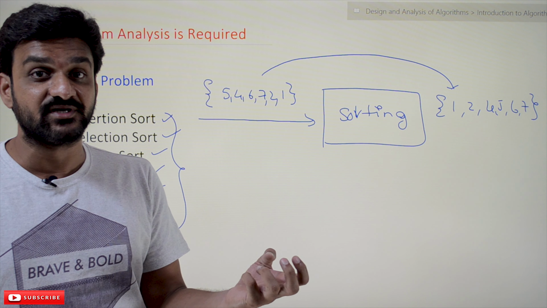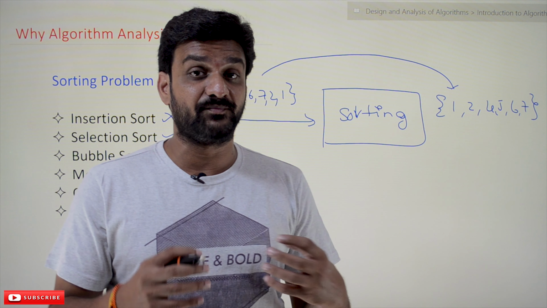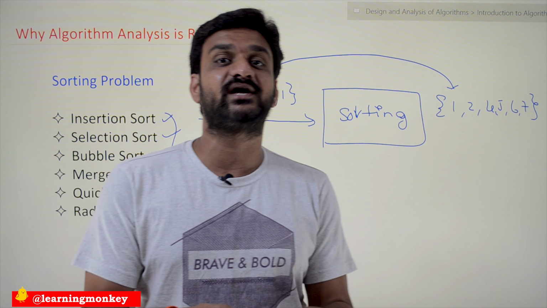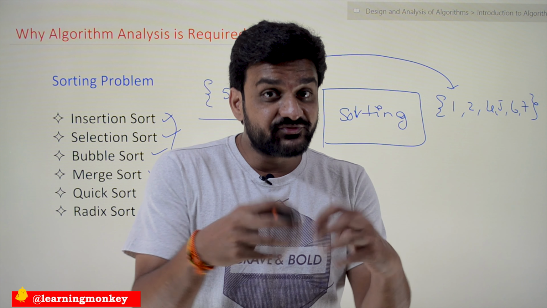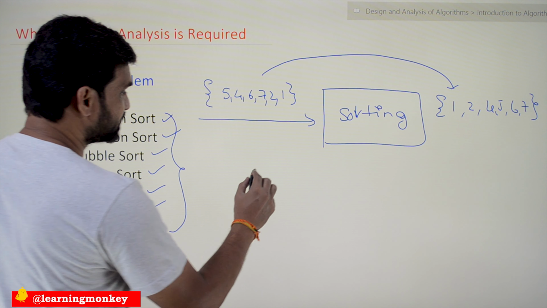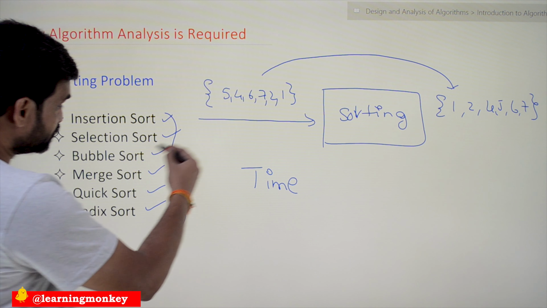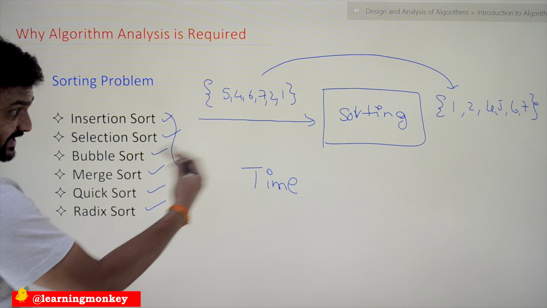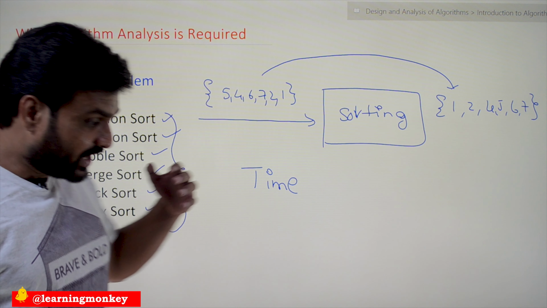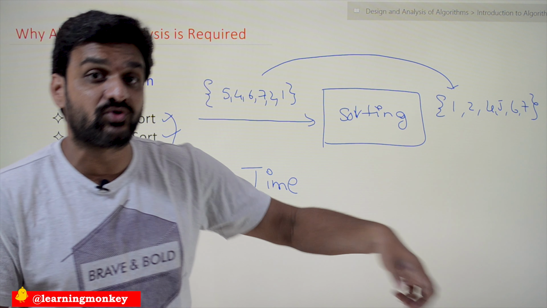That is another question. There are different types of factors based upon which we can choose an algorithm. In our entire course, the only factor upon which we are going to choose an algorithm is time. So the only factor that we are going to consider in analyzing an algorithm in this entire course is time.